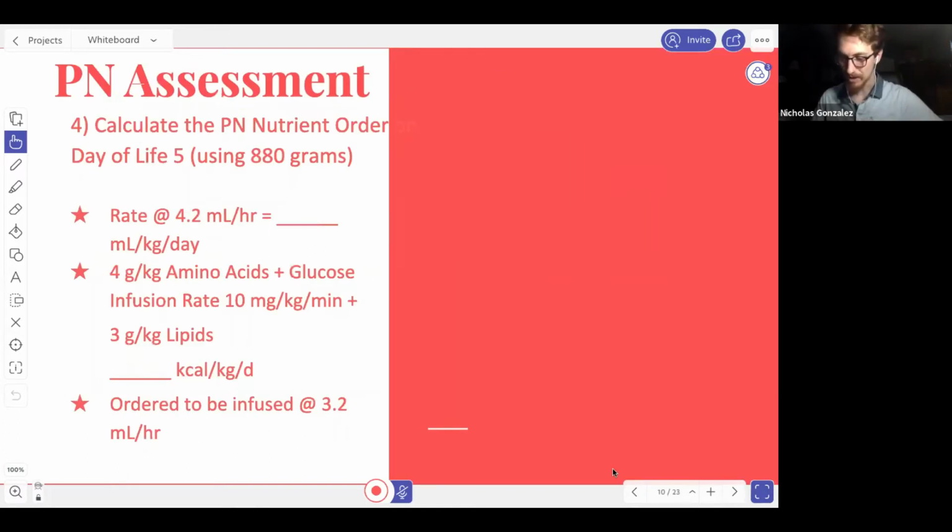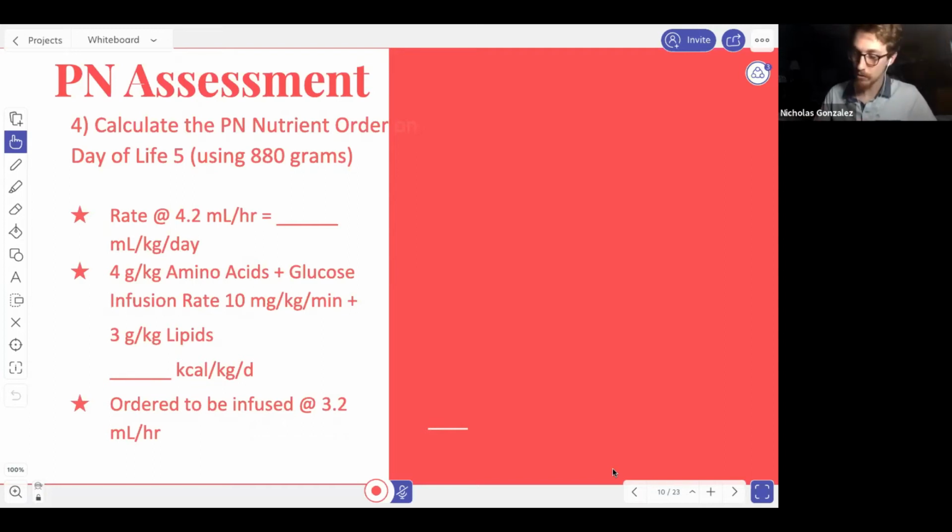So here is where the more heavy math starts, but again, we've done this before. The first thing, this is our PN order. It's ordered at a rate of 4.2 milliliters per hour, and we want to see what the volume is going to be with that rate for the whole day.